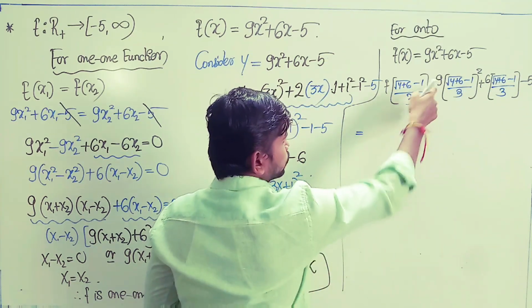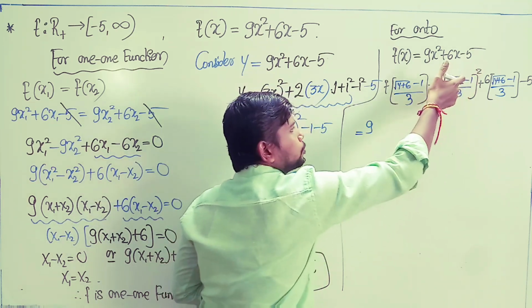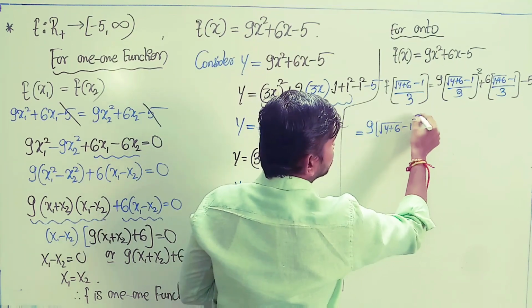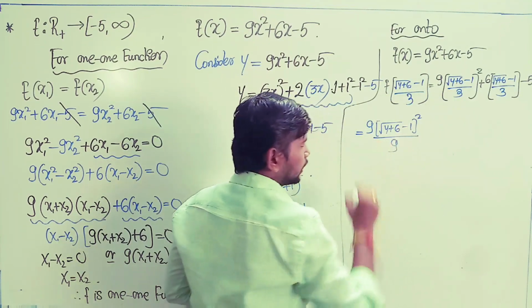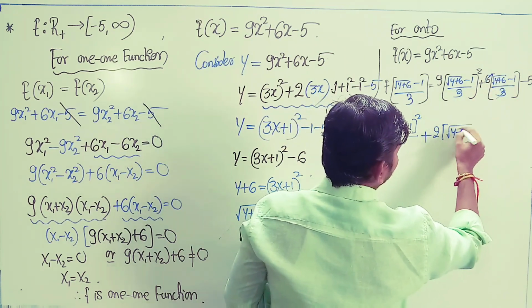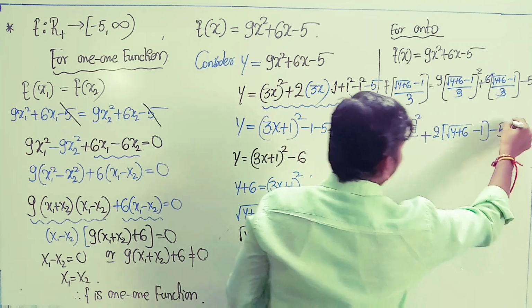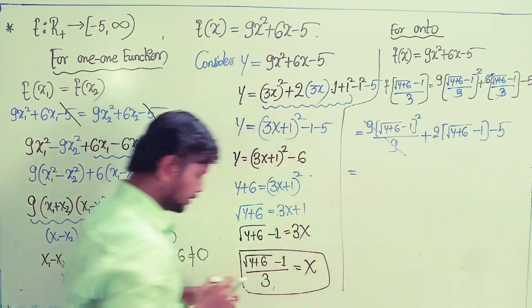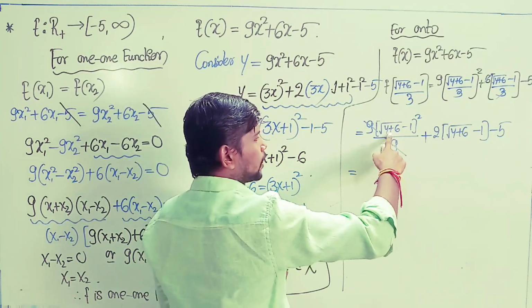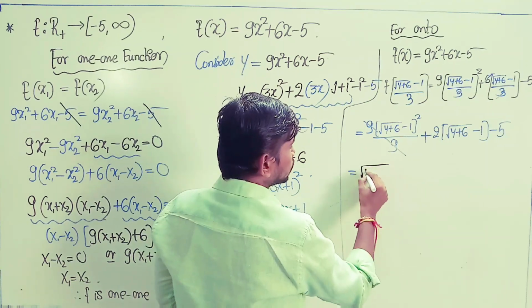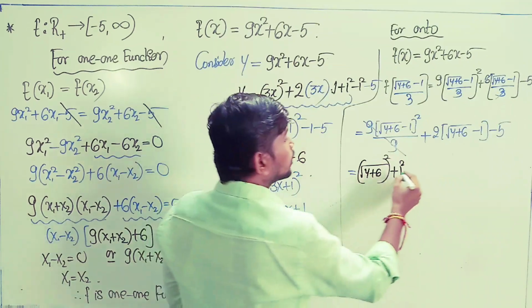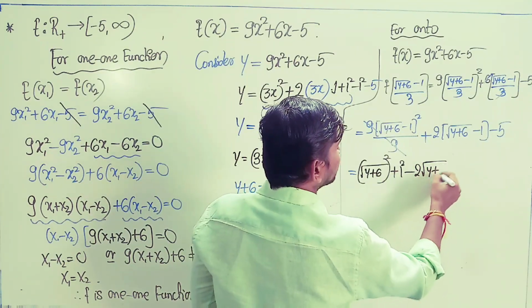Okay now? After this one, I'd like to write 9 as it is. Square applies to the numerator as well as the denominator. Root of y plus 6 minus 1 whole square divided by 3 square will be 9. Plus 3, 6 cancel, it will be 2 into square root of y plus 6 minus 1, outside minus 5. 9 will again be cancelled. Okay. Now you must know the formula for a minus b whole square. A is root y plus 6, b is 1. A square means root y plus 6 whole square, plus b square means 1 square, minus 2 times root of y plus 6.